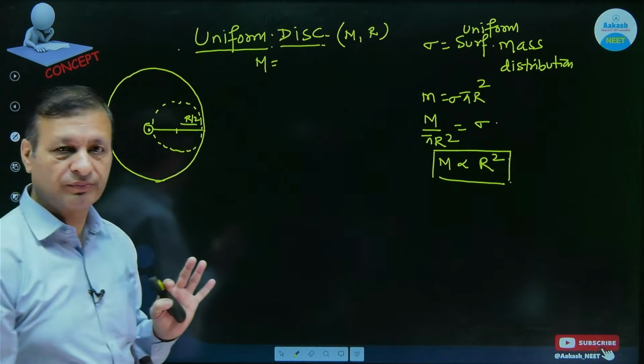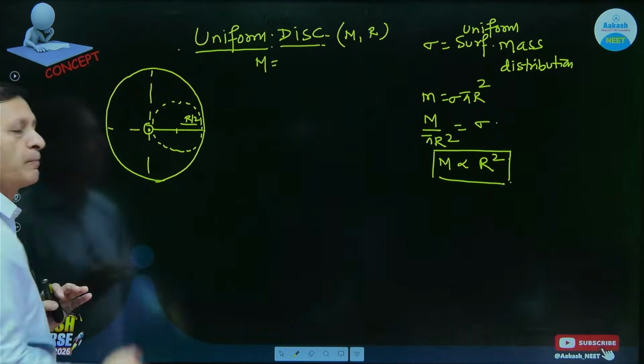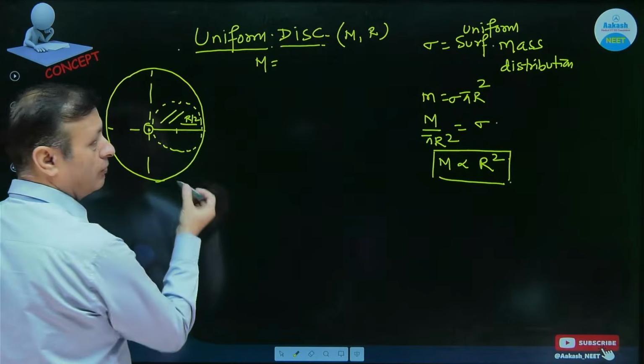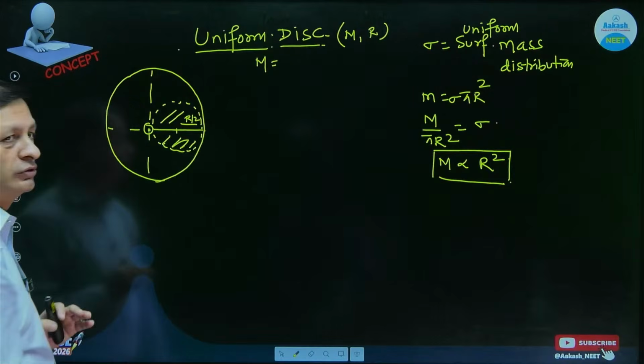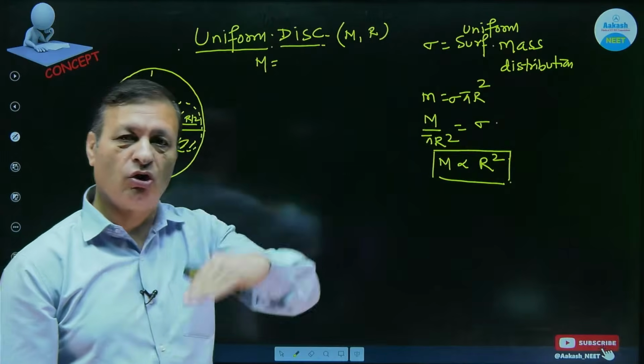Conceptually, this part is uniformly distributed above the line and this part is uniformly distributed below the line, so the center of mass will not be disturbed along the y-axis.